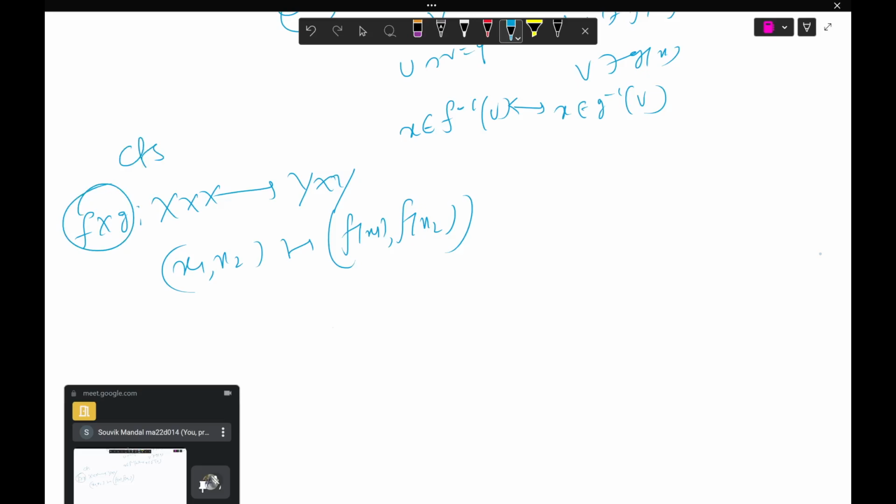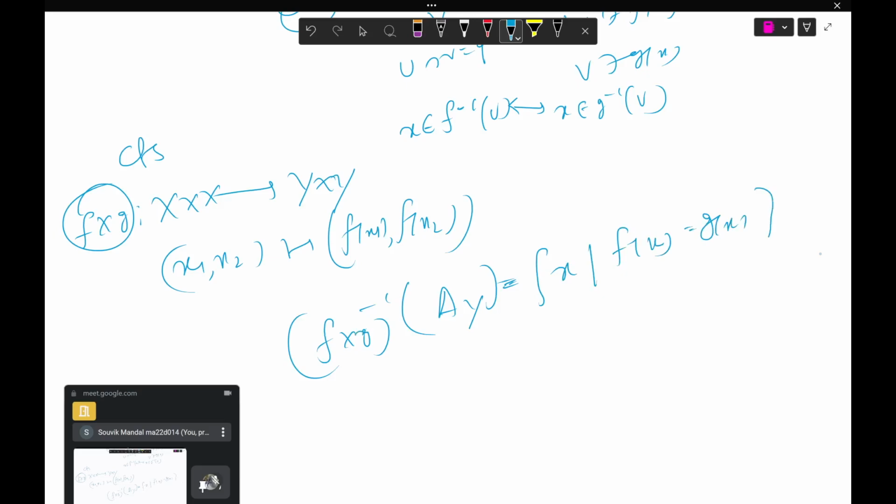Now the inverse of the diagonal of Y is equal to all those x such that fx equals gx. Since f cross g is continuous and Y is Hausdorff, the diagonal is closed, so this inverse of a closed set is closed. So the set of x with fx equal to gx is closed in X.